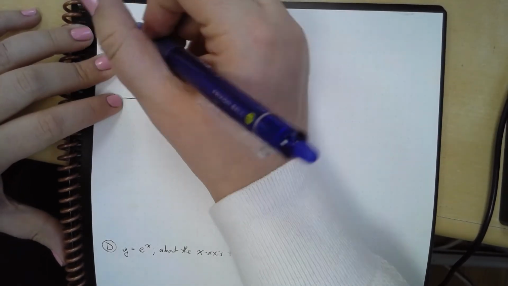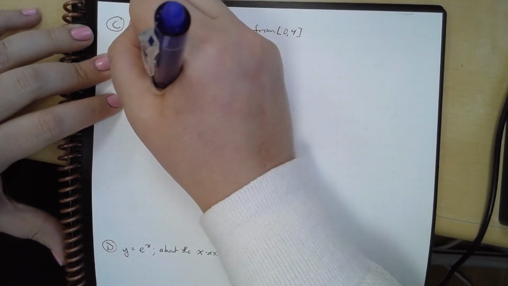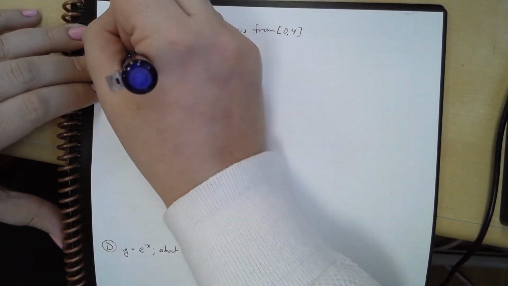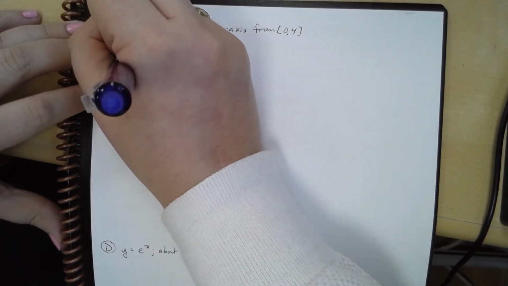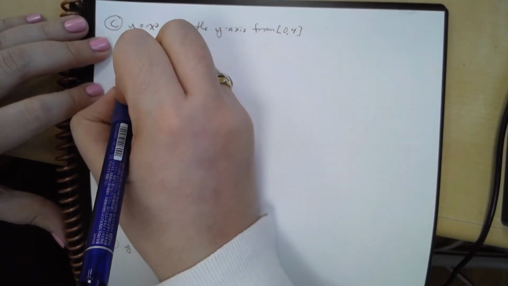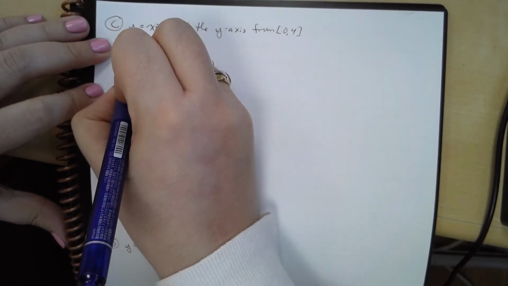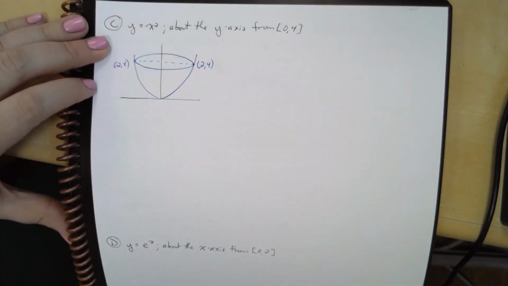And if this rotated, isn't this cute? You're going to have negative 2, 4. You're going to have that weird bowl again. And this is rotating, so you're going to have this sort of shape there, right?